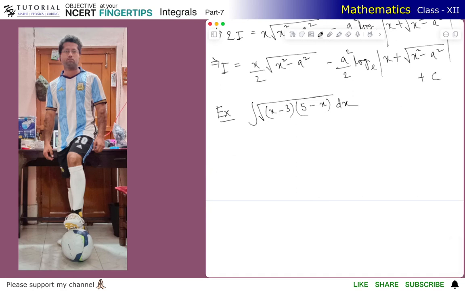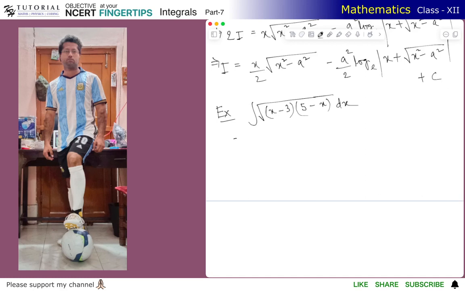The main task is to convert the quadratic expression. So this is a quadratic expression inside a root. The main task is to convert the quadratic expression into the form x square minus a square or a square minus x square, or it could also be a square plus x square. So let's see if we can convert this.